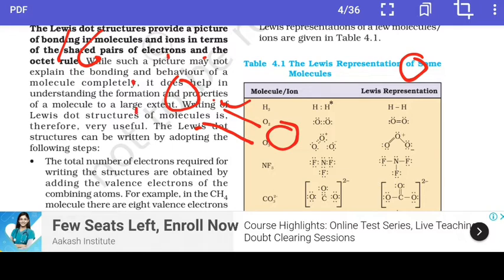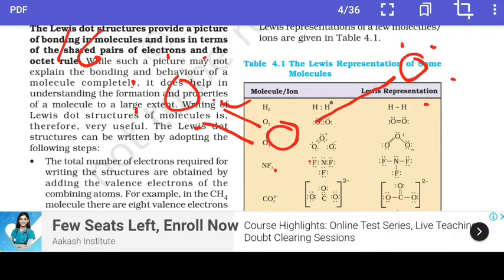So 2, 4, 6, 8, 10, 12, 13, 14, 15, 16. 16 electrons are completed.